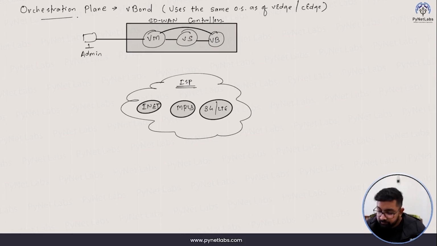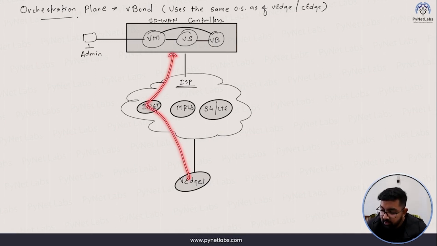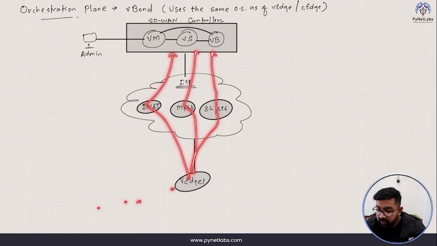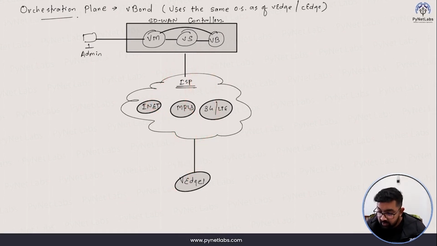Post that, we might also have the WAN edges. So let's say right now we only have a single WAN edge. I'll call that WAN edge number 1, and that particular WAN edge gets connected to the ISP by using either of the mediums. It can be connected via iNet, via MPLS, or via the cellular services. So this is kind of the architecture that you have.